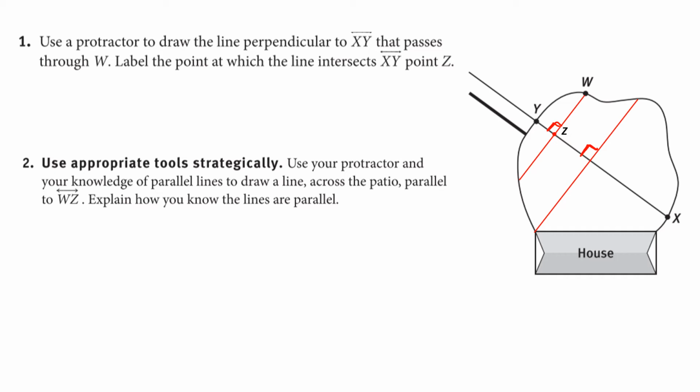So let's call this point A, and call this D. The measure of angle YZW is 90 degrees. The measure of angle YAD is also 90 degrees, right?